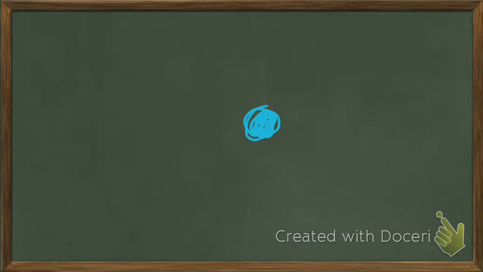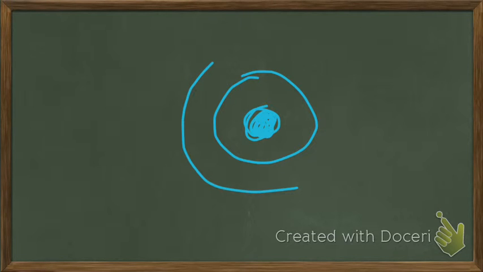That's where our protons, which have a positive charge, and our neutrons, which have no charge, hang out. And then around the nucleus of any element, we have the electrons, orbiting around in these little patterns. We're going to focus on these first two orbitals.